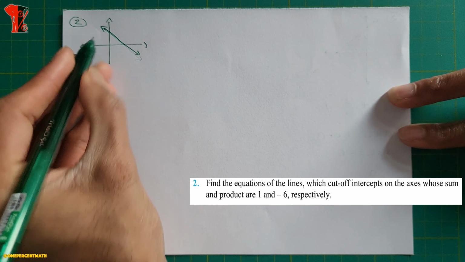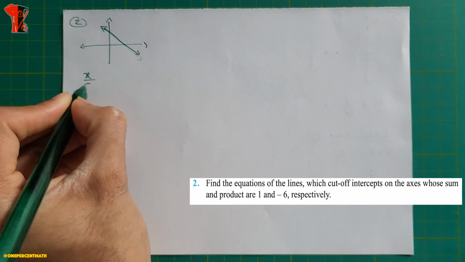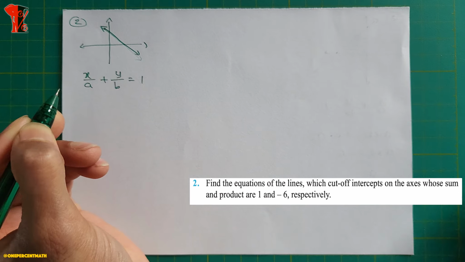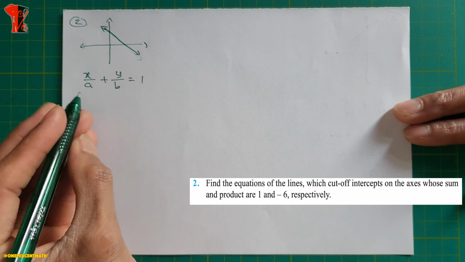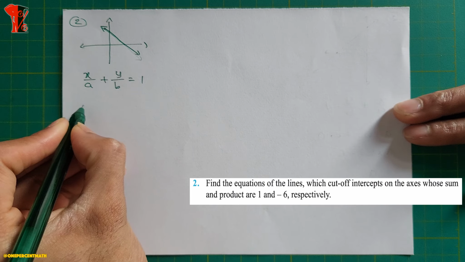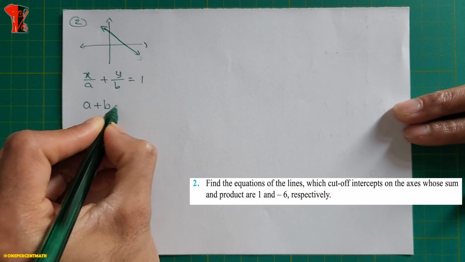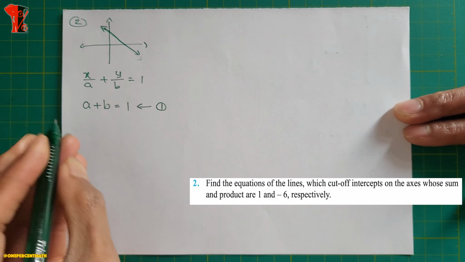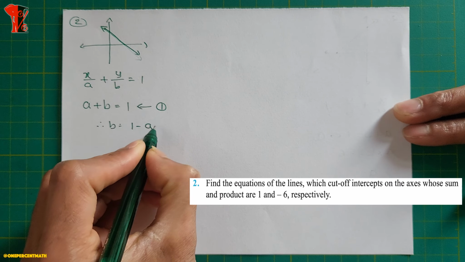For this line we have the equation x by a plus y by b is equal to 1, where a and b are the intercepts. The sum of the intercepts is 1. Let me take it as equation number 1 and alter it: therefore b is equal to 1 minus a.